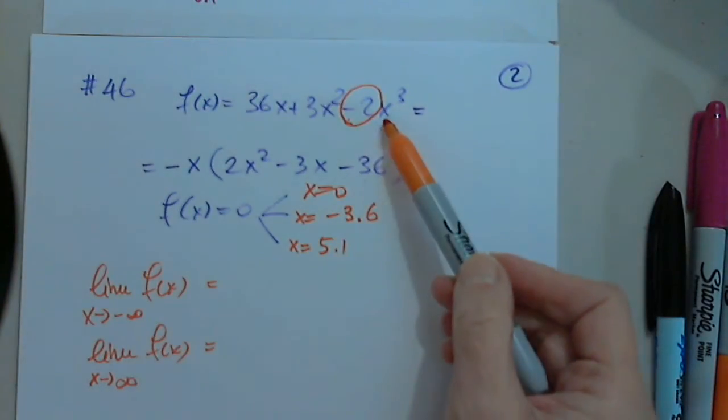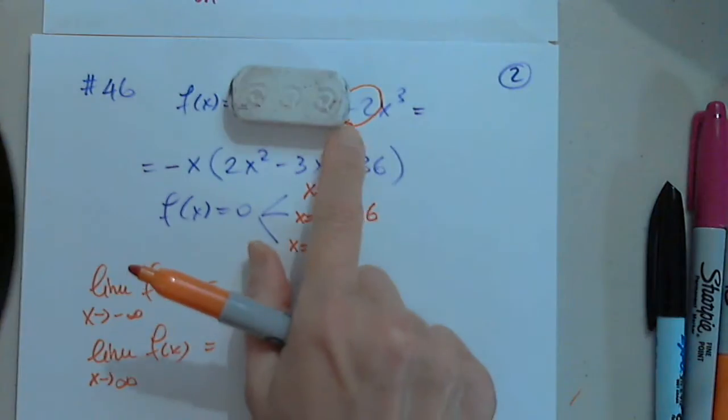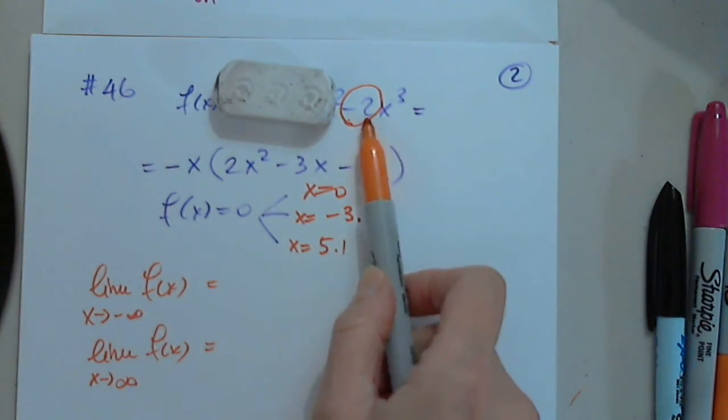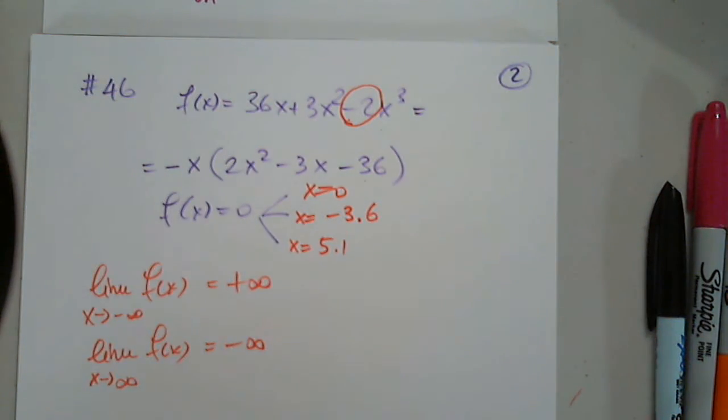Because when x approaches negative infinity, this term dictates. The other ones are too small to mention. Since this is negative and you plug in a negative, it's going to be positive infinity, and this one will be negative infinity. So I already discovered everything about the function from the function itself.